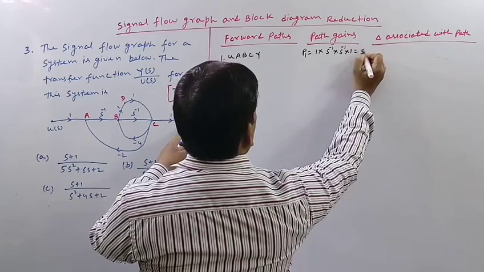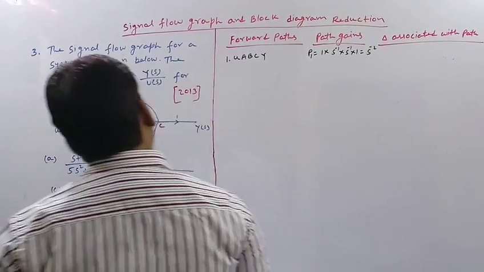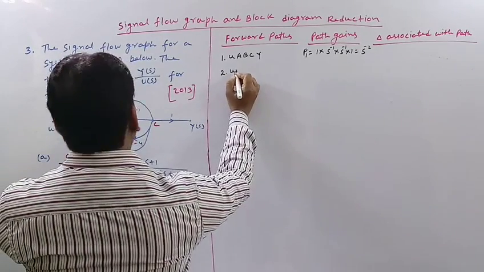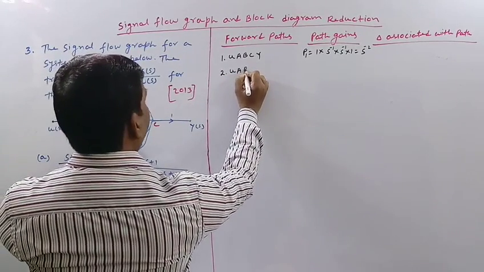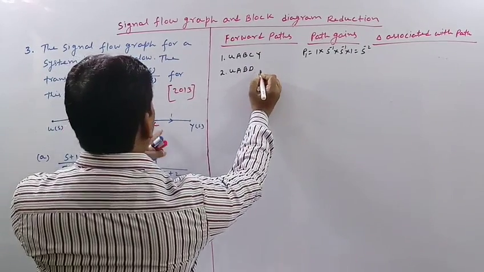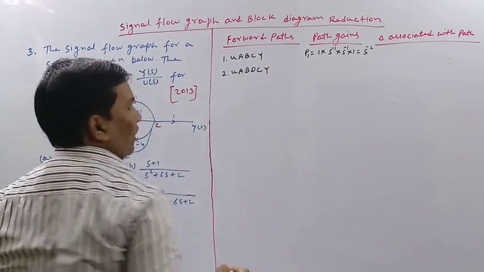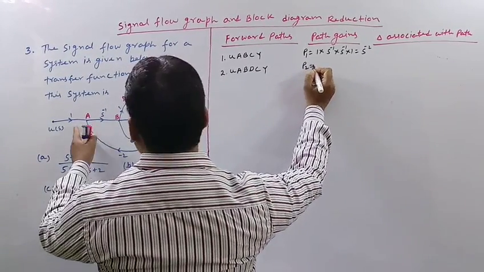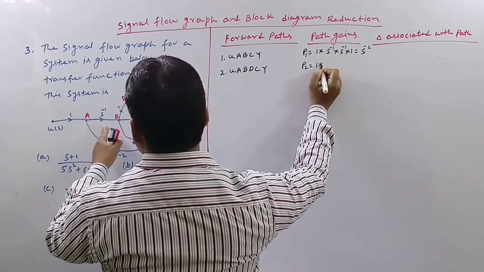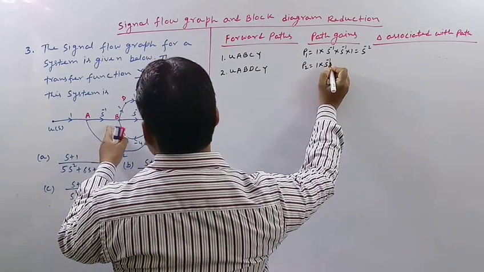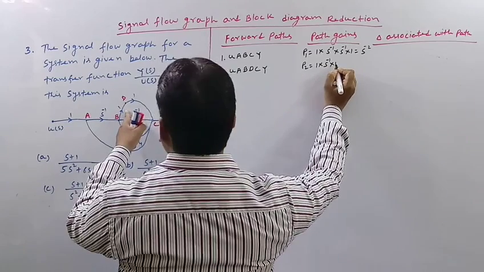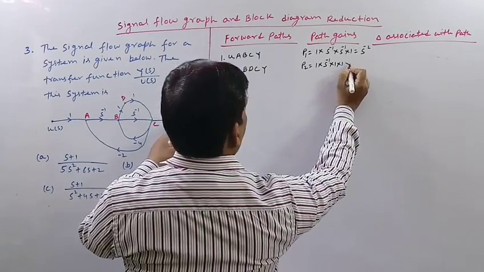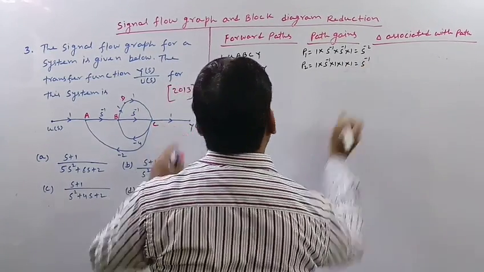So it will be x to the power minus 2. The second forward path will be U, A, B, D, C, Y. The path gain P2 will be 1 multiplied by x to the power minus 1 multiplied by 1, multiplied by 1. So it will again be x to the power minus 2.